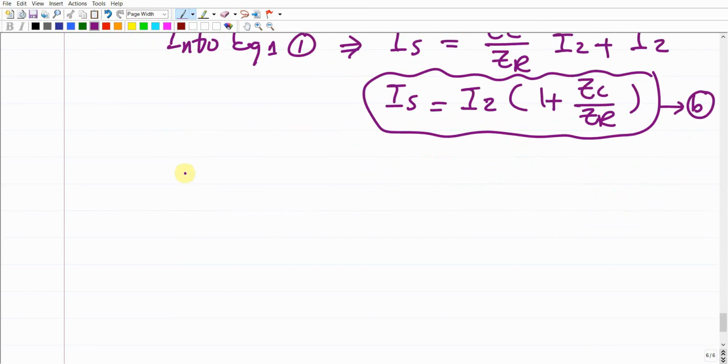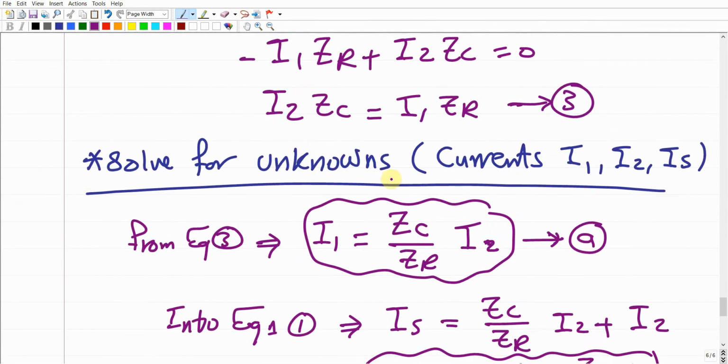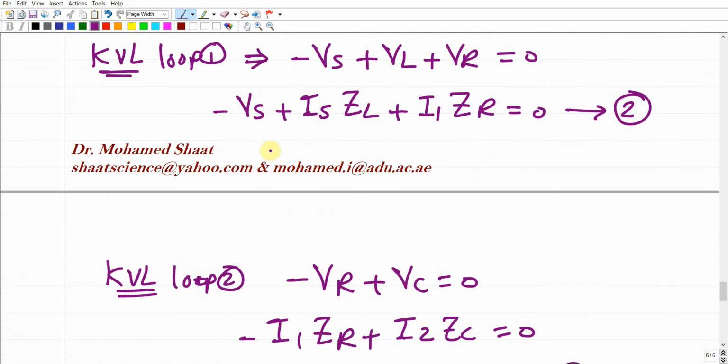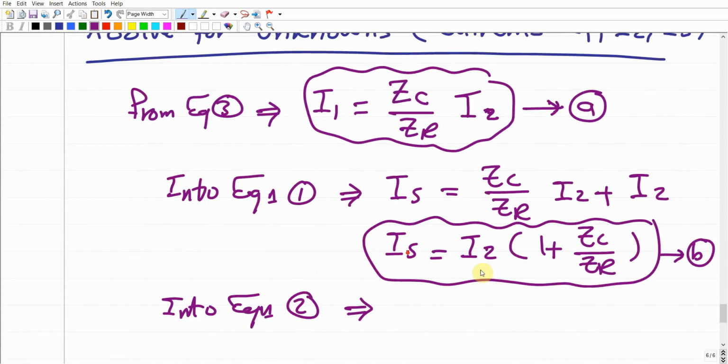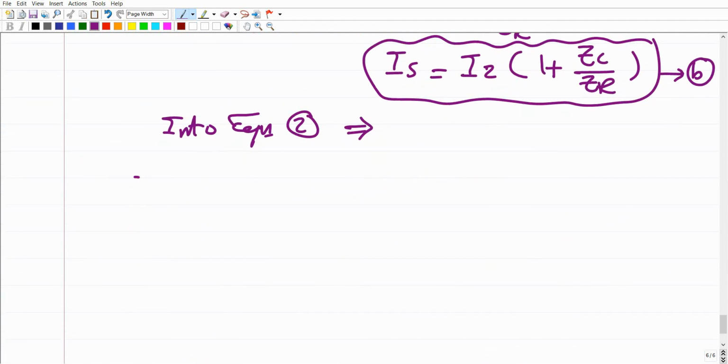Then substitute into equation 2, the second equation. Into the second equation, we have the negative VS, plus IS that we already got, which is I2 times 1 plus ZC divided by ZR.